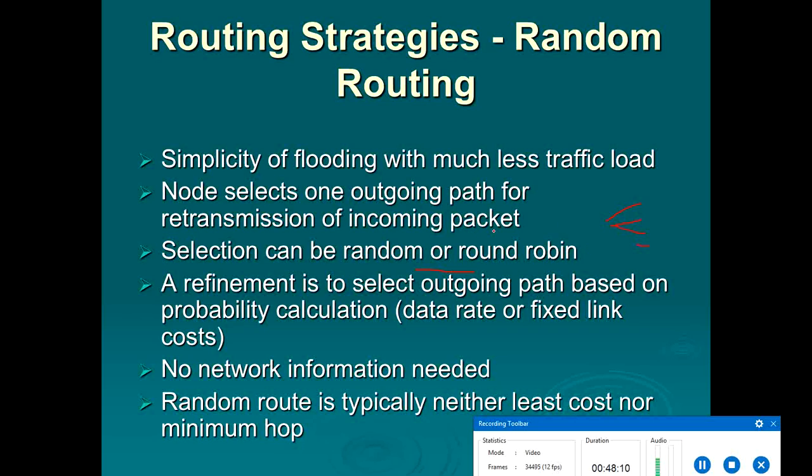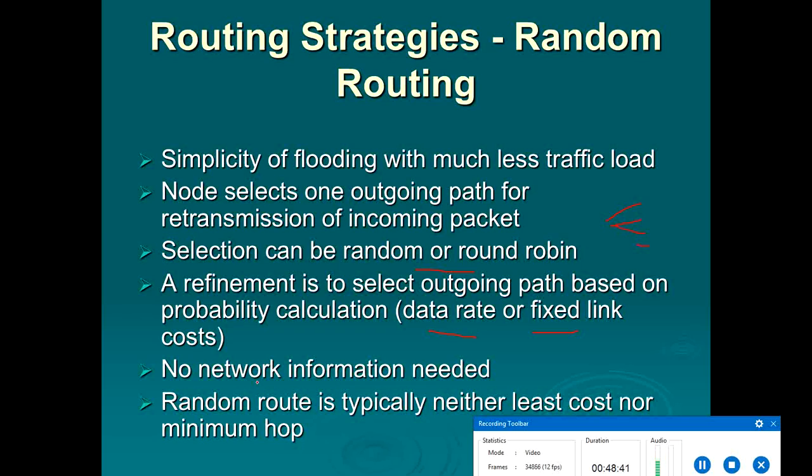Now, if all links are equally likely to be chosen, then round robin will be selected. But a refinement of this technique is to assign a probability function to each outgoing link, and then to select the link based on the probability. The probability calculation is done based on the data rate or the fixed link cost. Then the sum is taken over the outgoing links, and it provides a good traffic distribution.